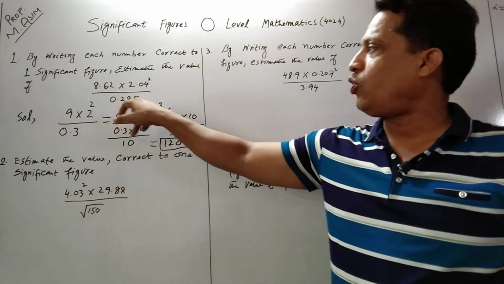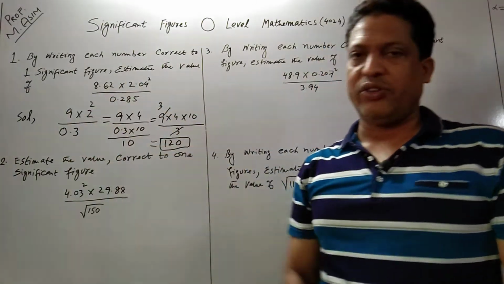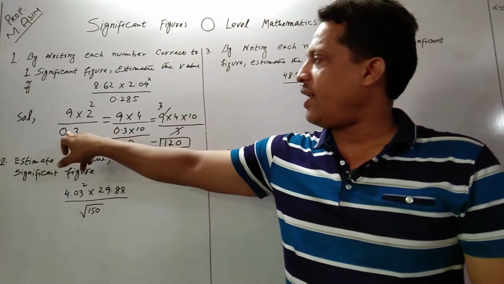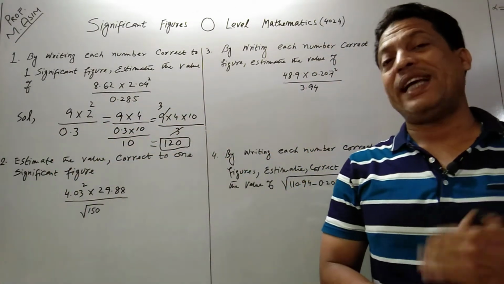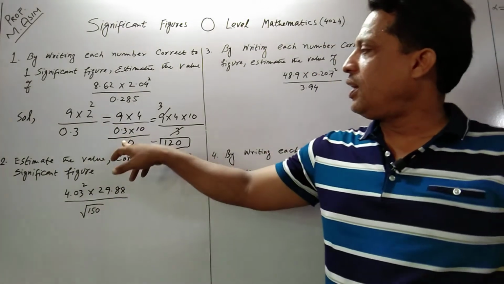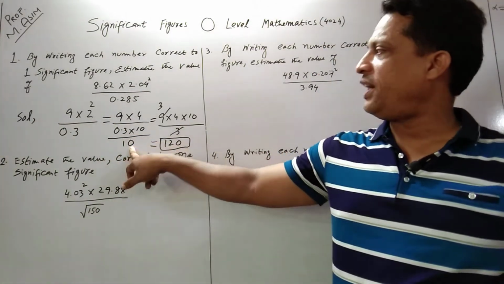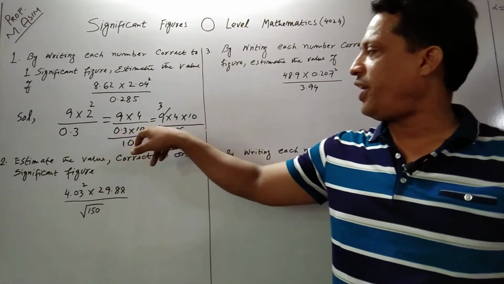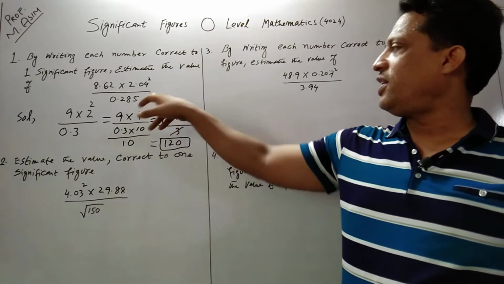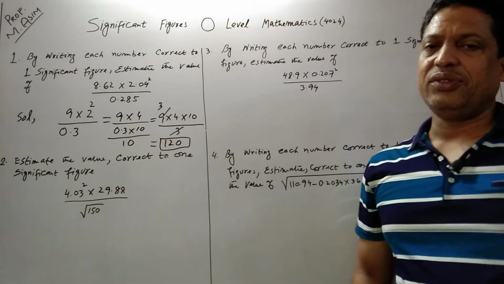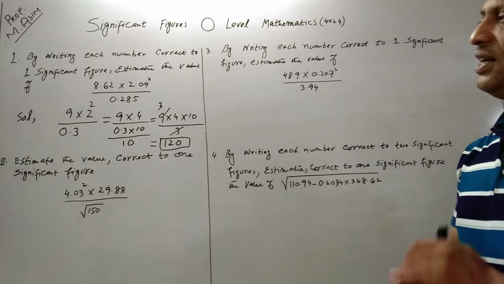So 0.285 is 0.3, and then 9, 2 twos are 4, and by eliminating the decimal point we multiply by 10 by 10. So the last denominator should multiply the numerator. So 9 into 4 into 10, and 0.3 into 10 is just 3. 3 nines are 27, 10 fours are 40, 3 fours are 120. So 120 is our final answer.